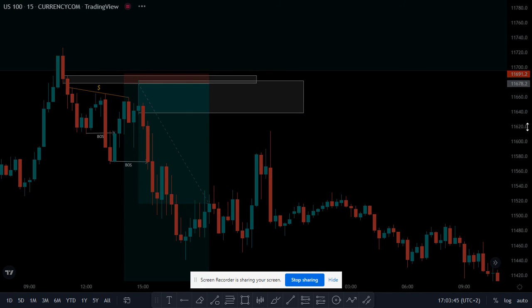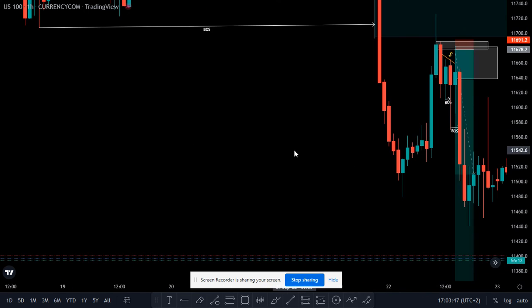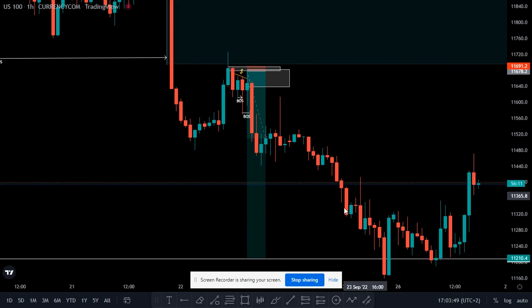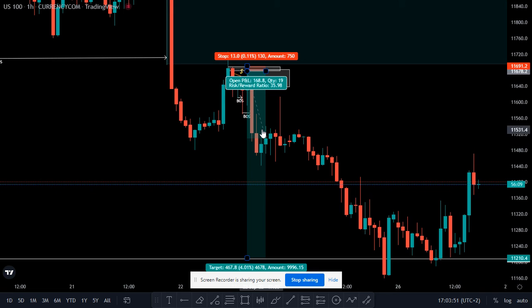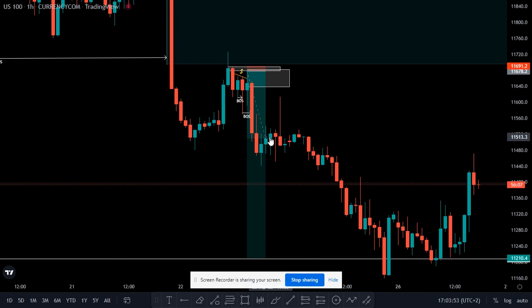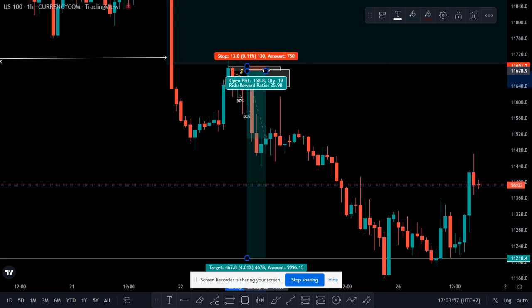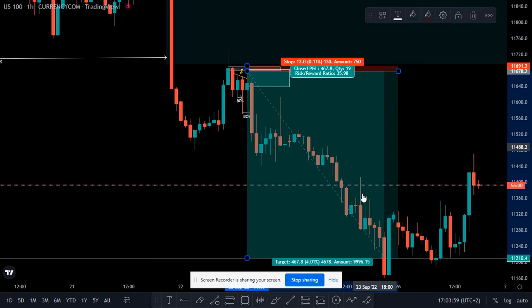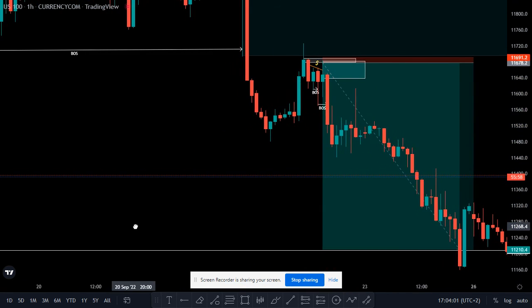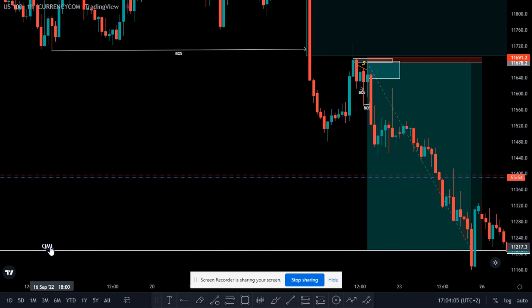Then TP was hit, I think yesterday, today. Yes, TP was hit today, if I'm not mistaken. Then TP was hit at our QML, the one we identified, the QML for 1 hour.